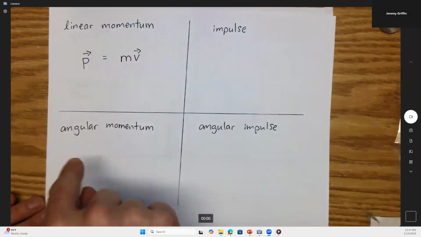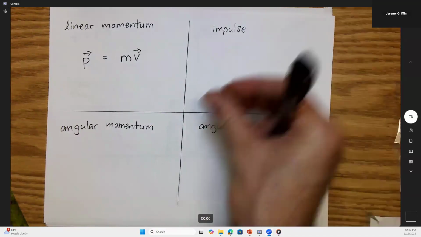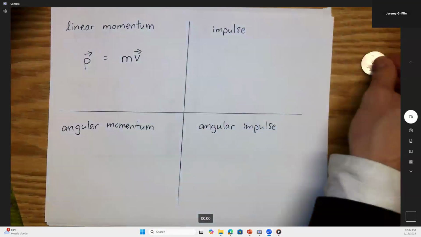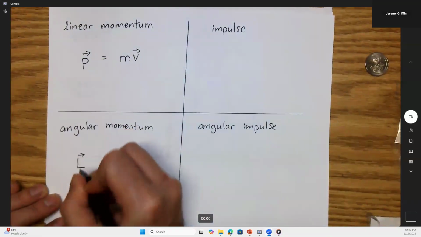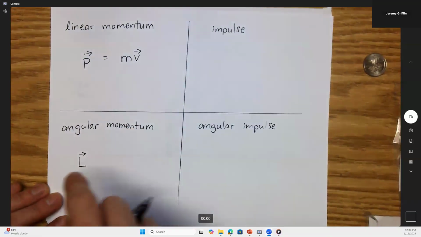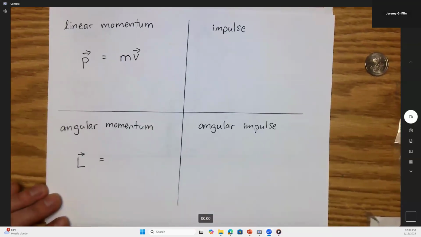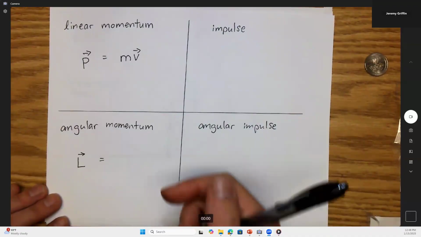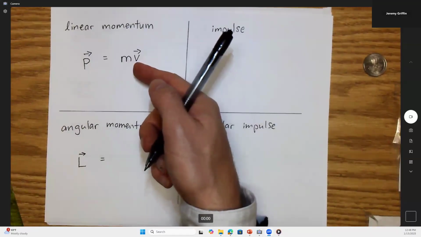Now, if I do the rotational version of this, if something's rotating, like this coin spinning, I'm going to call this capital L. And this is going to be a vector, a property that has a direction associated with it, equal to what times what? I think you might be able to figure this out. Because mass in a linear sense represented how much inertia something had.